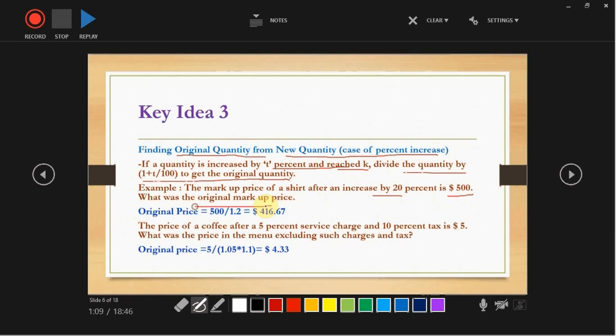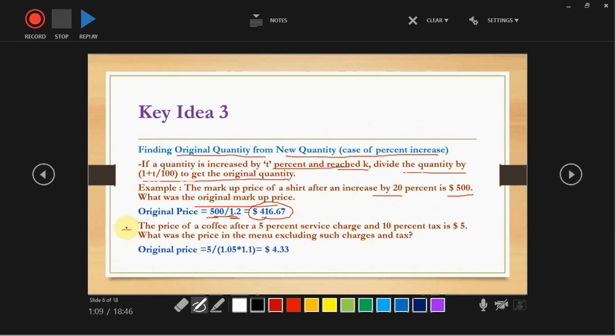What was the original markup price? To get it, we divide 500 by 1.2. This 1.2 again comes from 1 plus 20 divided by 100. So the original markup price was 416.67. You can divide this on the on-screen calculator in the exam.